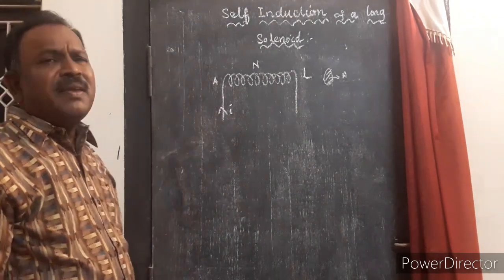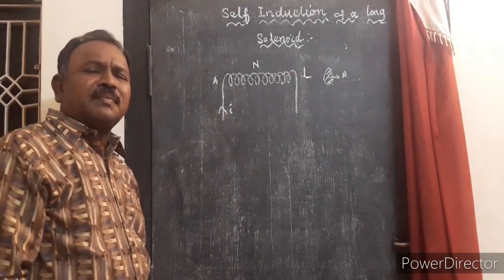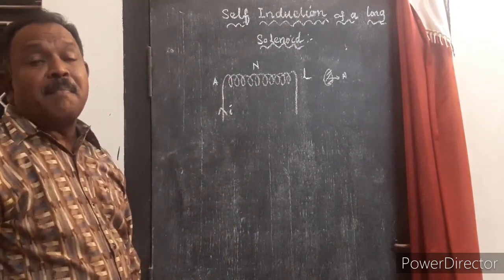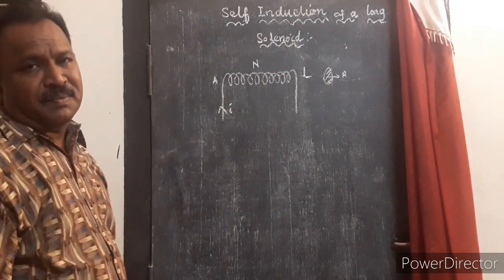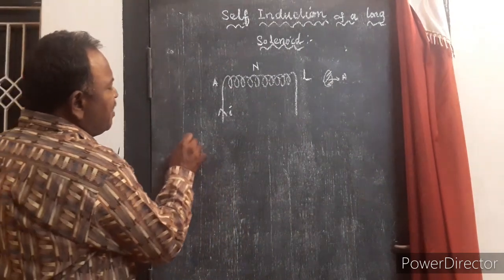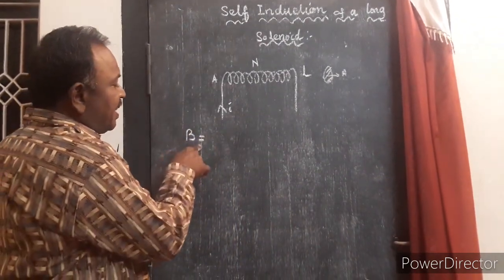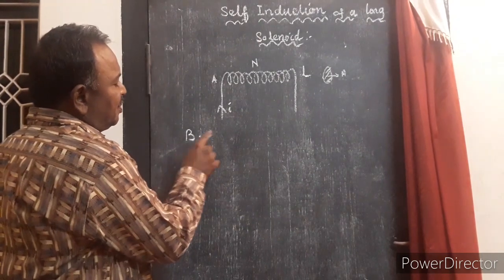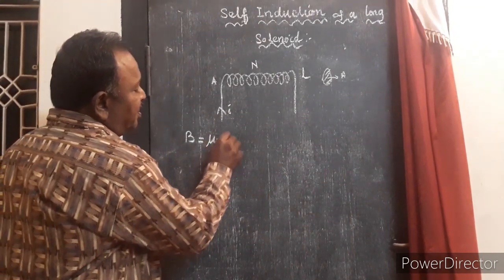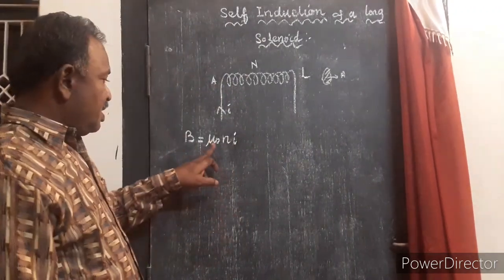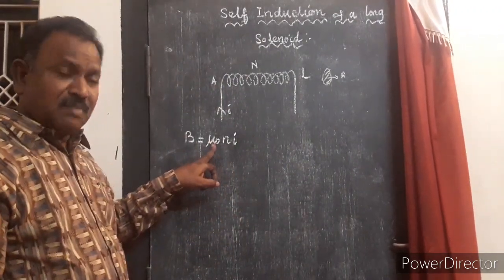When current I flows through the solenoid, what will happen? Due to the flow of the current, a magnetic field is produced. The magnetic field due to the current in the solenoid is given by B is equal to mu naught n I. Already we have derived it. Mu naught is the permeability of free space or vacuum.